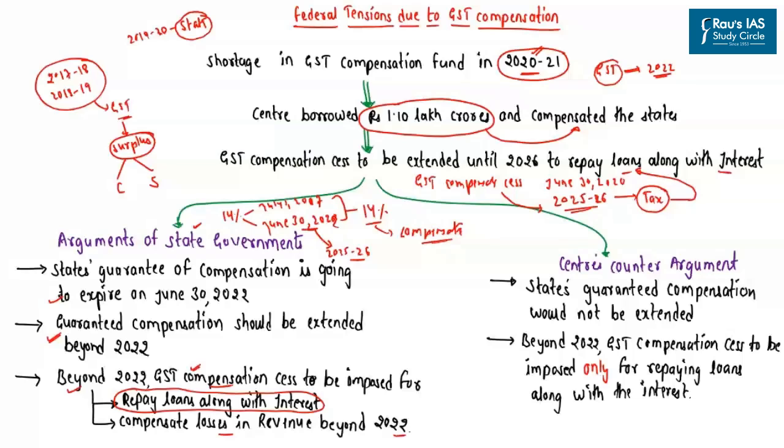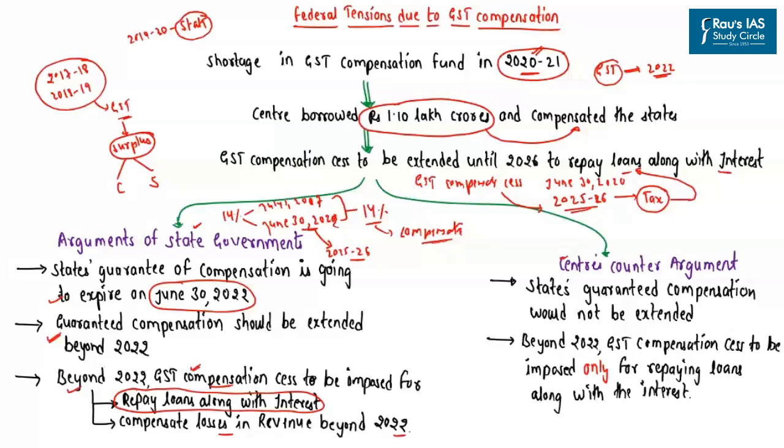But this has been opposed by the central government. The central government has said that the states would get guaranteed compensation only until June 30, 2022, which means that after June 30, 2022, if the GST revenues of the state government do not increase by 14% year on year, there will be no obligation on the central government to compensate the states for their loss in tax revenue.